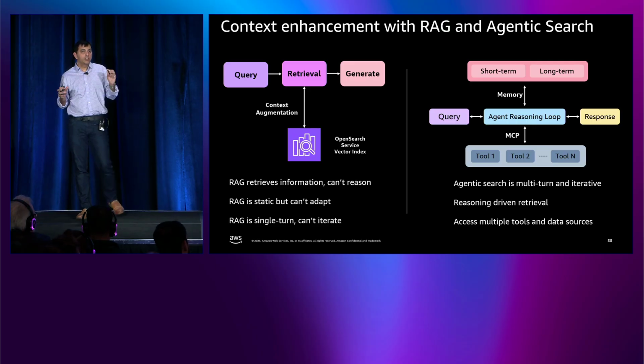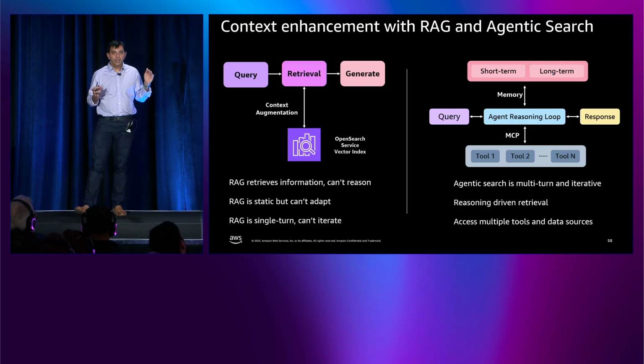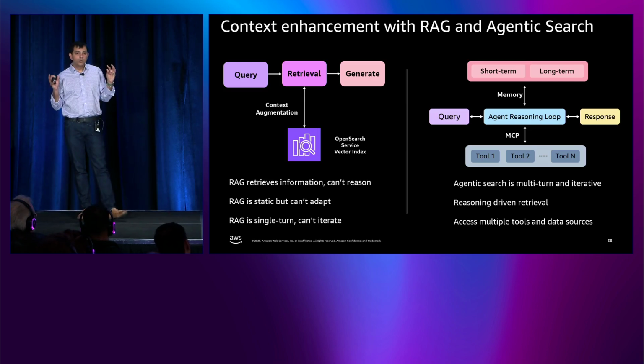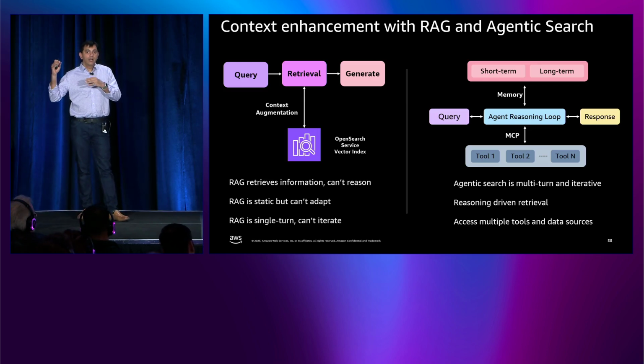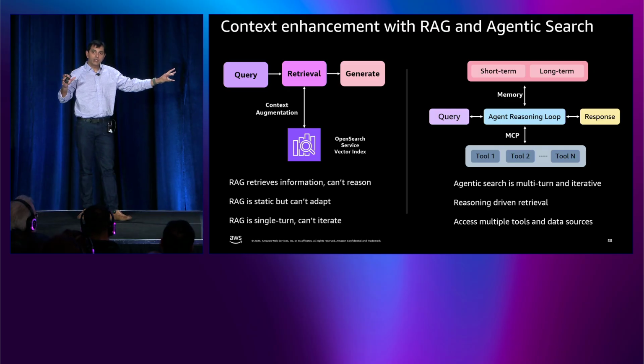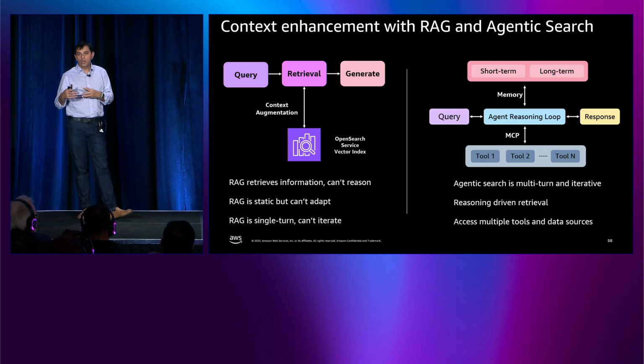But with agentic search, what you're able to do is, given a query, you take that query, you do some amount of reasoning, you use different MCP tools to get additional context. Then you use some data from short-term memory, long-term memory to get more context, maybe call an LLM, get a plan back, refine that plan based on the additional context.